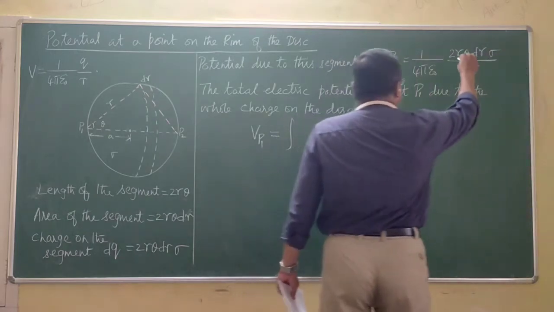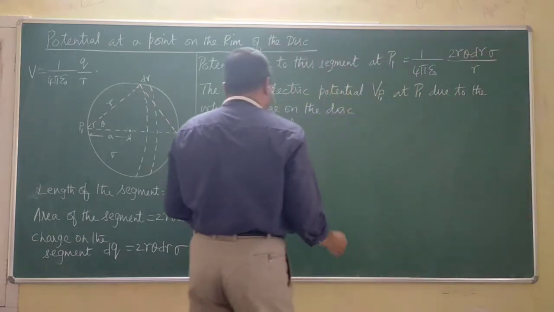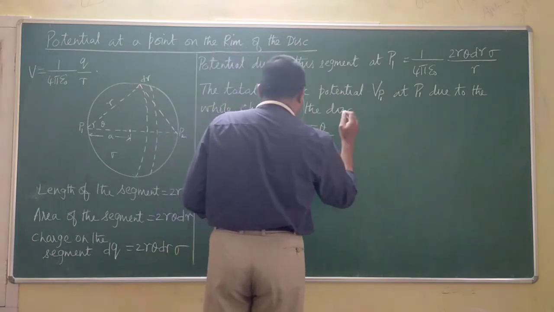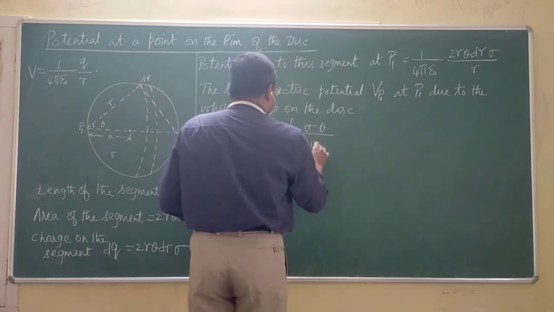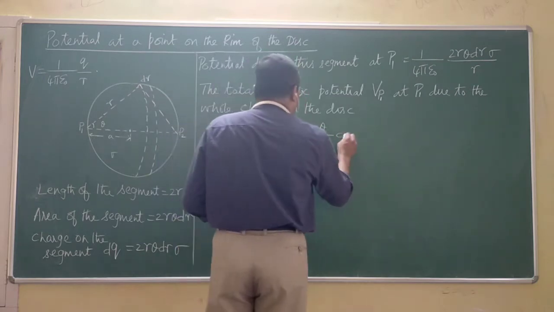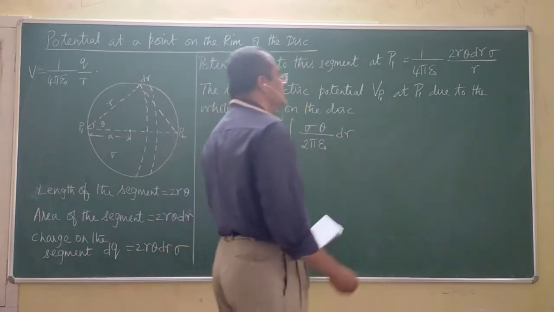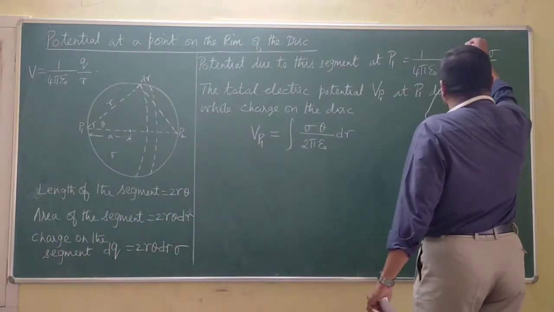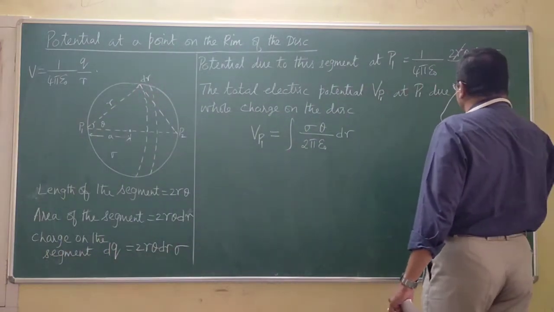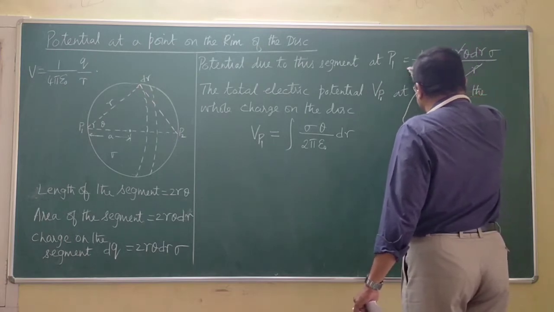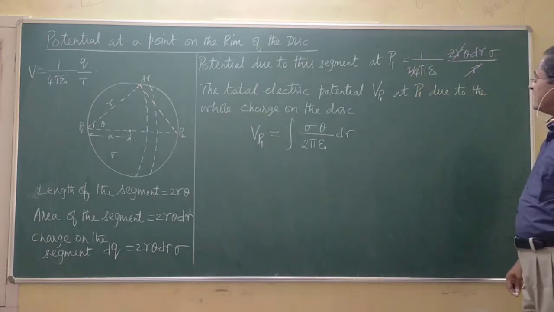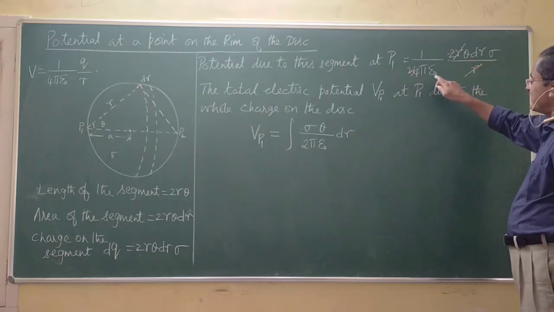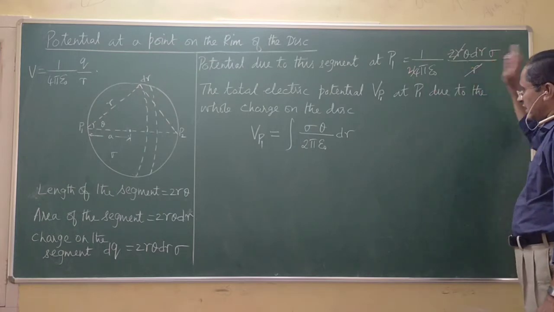Therefore, this expression r will go off to give me sigma theta upon 2 pi epsilon naught r dr. If you are not able to follow that, let me strike it off in the equation: r goes off, this 2 goes off. Therefore, I am ending up with sigma theta upon 2 pi epsilon naught into dr.